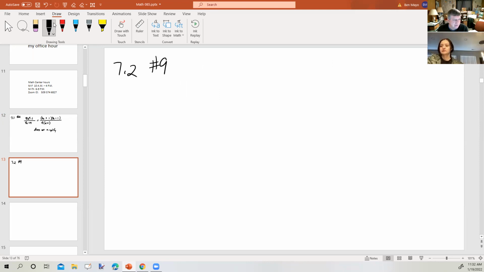Multiply and then simplify if possible. Okay, so we've got x squared minus x over x times 4x minus 12 over 4 minus 4x.